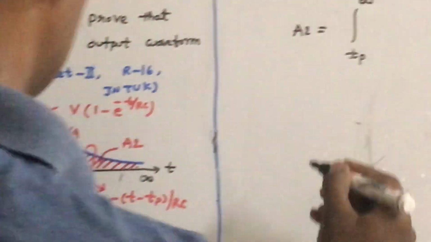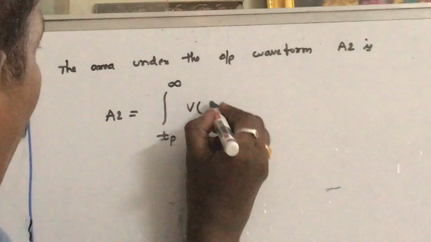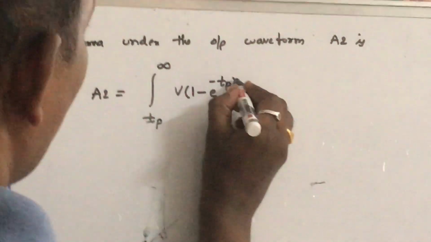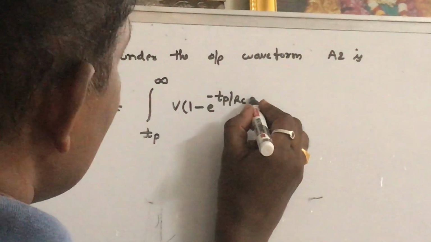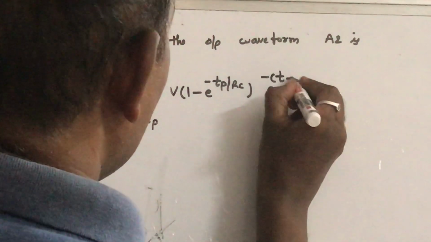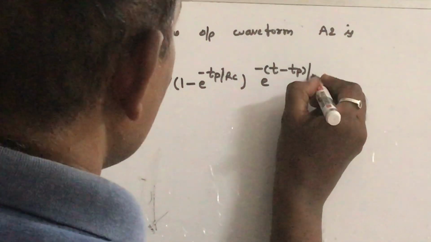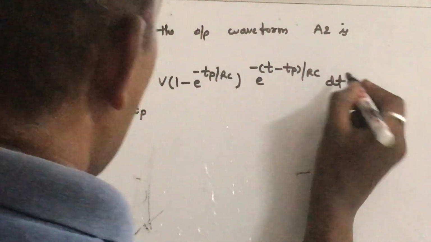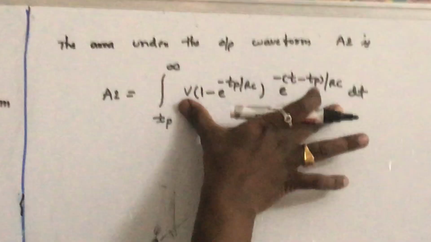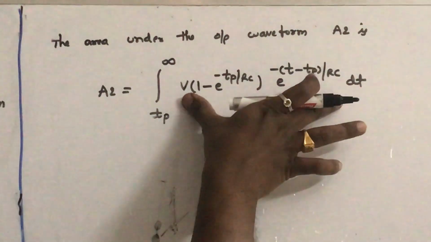So we substitute here that the amplitude is 1 minus e power minus Tp by RC, which is decreasing exponentially, so that is e power minus of t minus Tp by RC dt. This is the waveform equation under area A2.